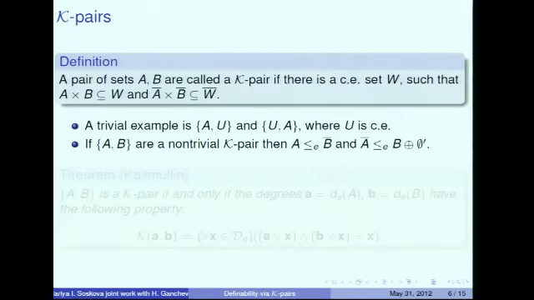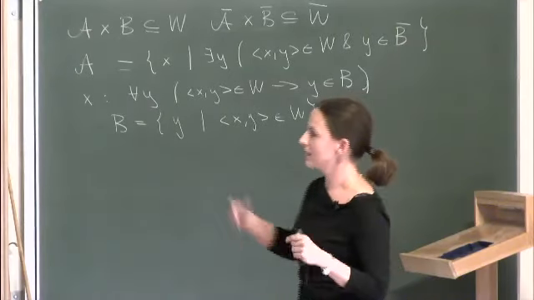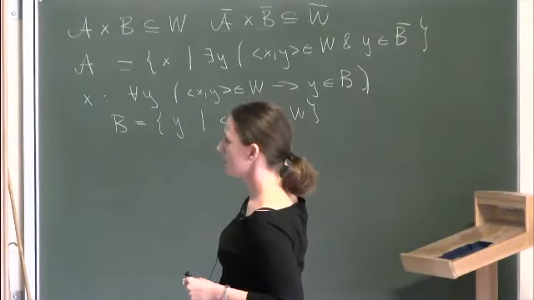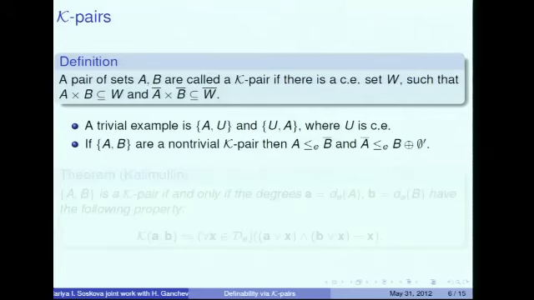So this proves the other inclusion as well. And the second part of the property is proved in a similar way, but you use the complement of W, and that's why you need 0 prime.